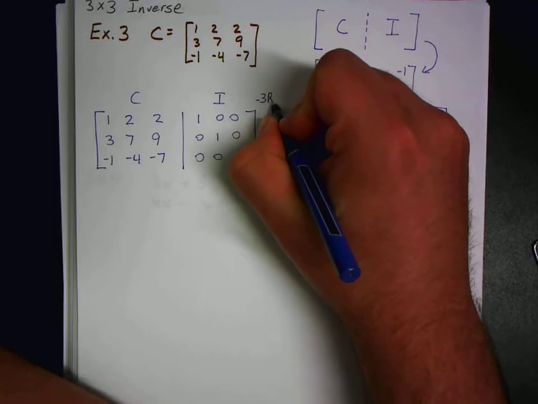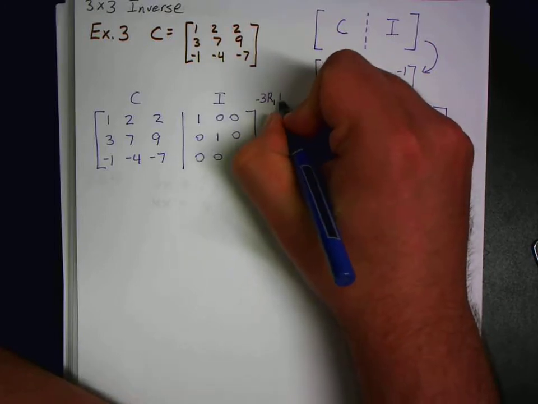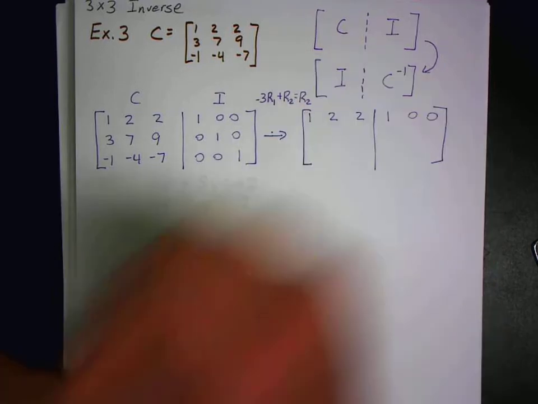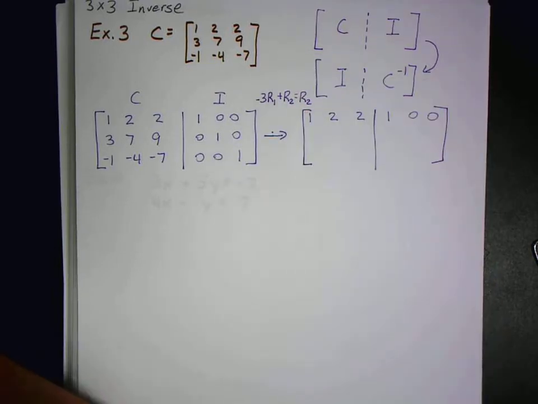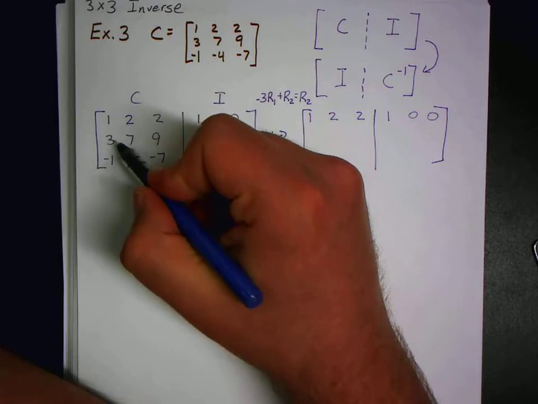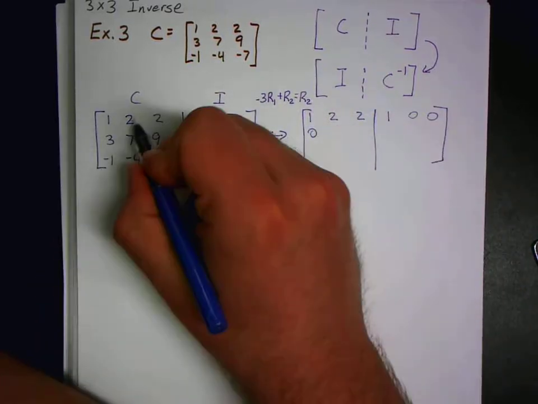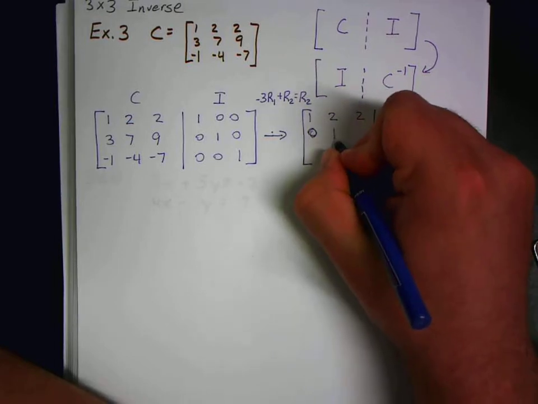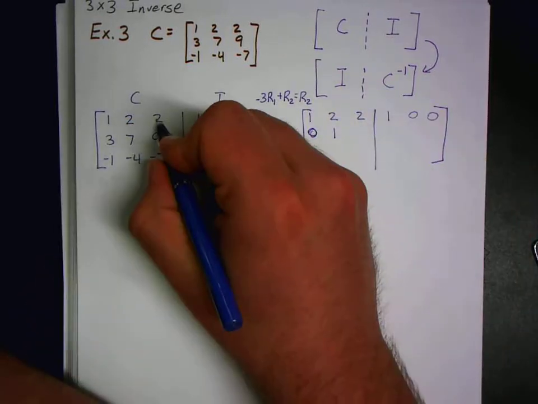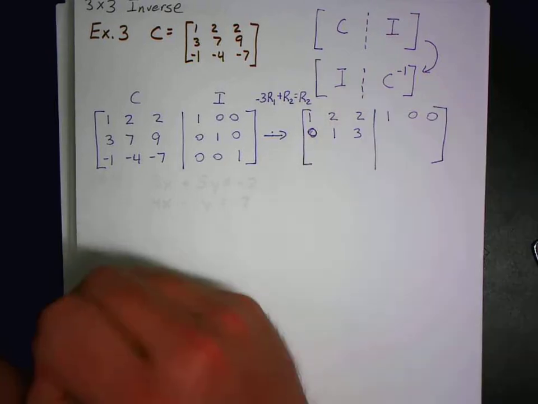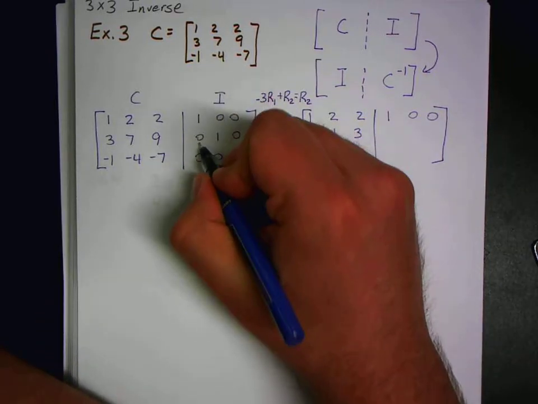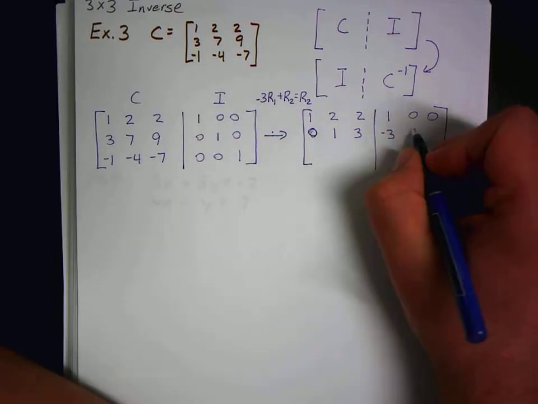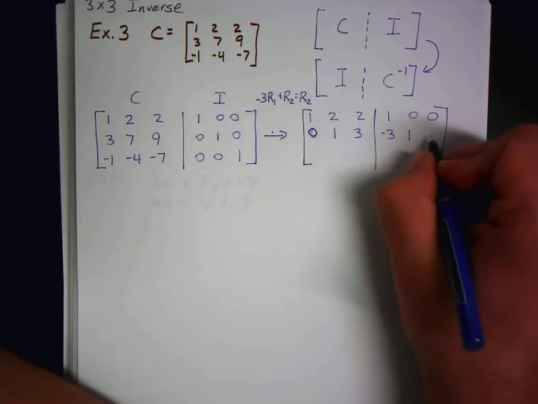So -3 times row 1 plus row 2, and I'll put that inside of row 2. So that would be -3 plus 3, -6 plus 7, -6 plus 9. And then I keep going. -3 plus 0, 0 plus 1, 0 plus 0.